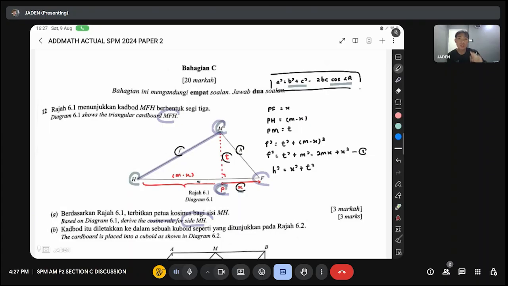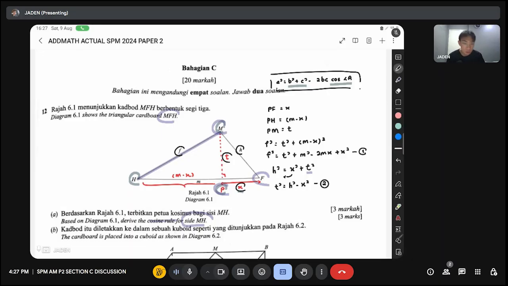But the difference is I want you to make t squared the subject. So t squared as my subject means I have to move my x squared to the left. So t squared is h squared minus x squared. I have to replace this t squared equal to h squared minus x squared. Let's write down number 2.